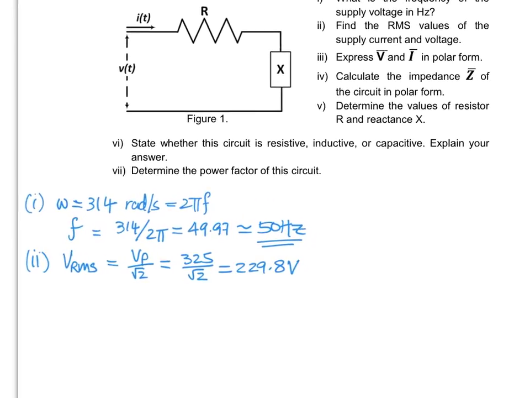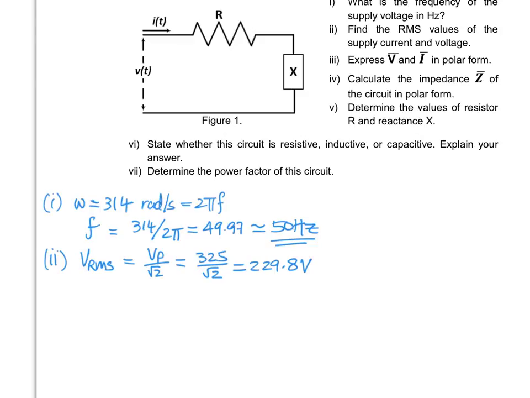And moving further, I RMS will be I peak divided by root 2, equals 10 over root 2, which gives me about 7.07 ampere. So these are the two RMS values that I need to calculate.